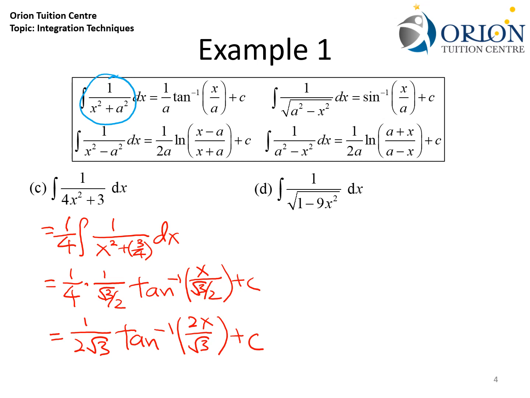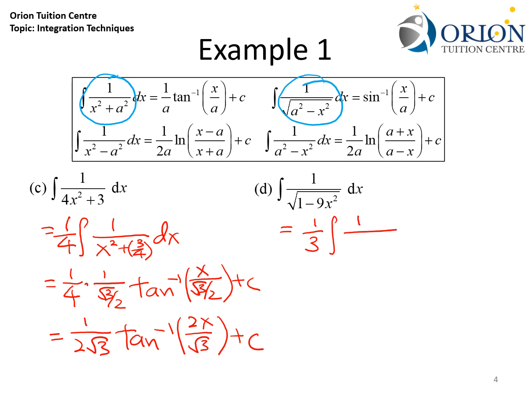And we can do the exact same thing for example D as well. We note that this is of a very similar form with the second equation on top. And of course, we want to write it in the form of a squared minus x squared, where the coefficient of x squared is 1. So what we have to do is to take out the 9. Note that if we take out the 9, there is a square root, and therefore it becomes a 3 instead of a 9 when you bring it out.